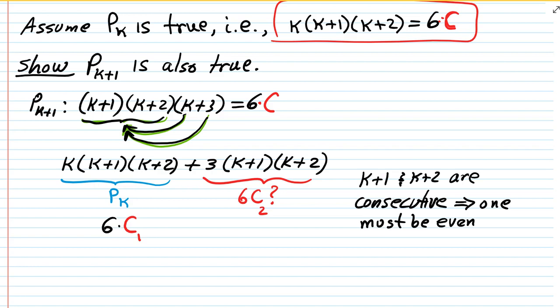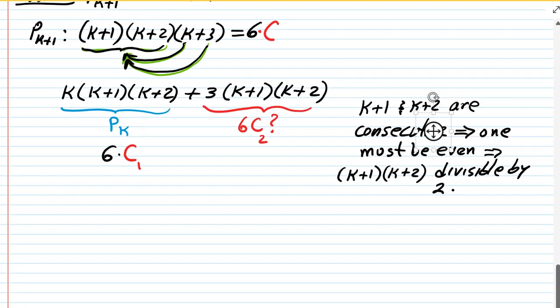Now, it doesn't matter whether k plus 1 is even or k plus 2 is even. Agreed? If one of them is even, their product is going to be divisible by 2. True? So for example, 11, 12.